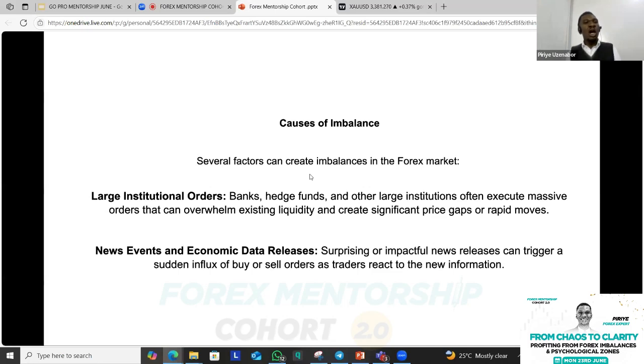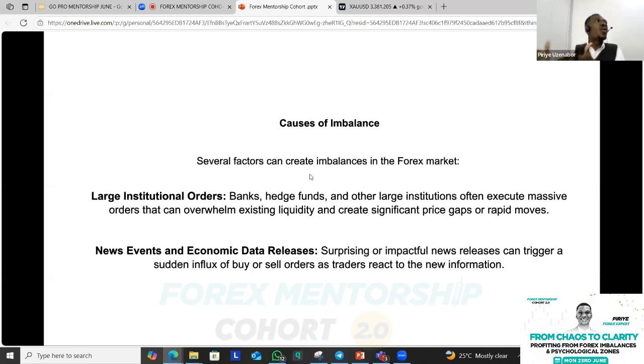Another cause of imbalance is news events and economic data releases. If you've been trading the market for a while, you would know that news events can completely alter the course of a particular asset. EUR/USD can be going down, peacefully going down, and then NFP happens.